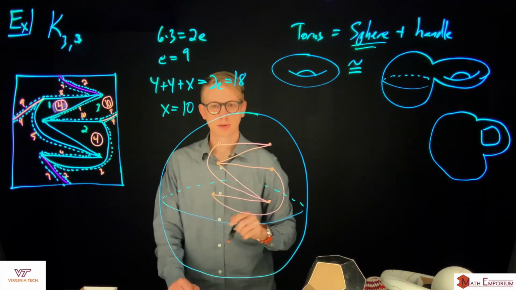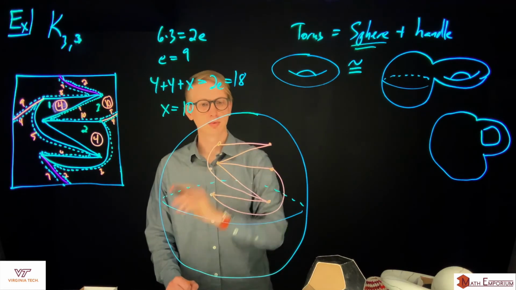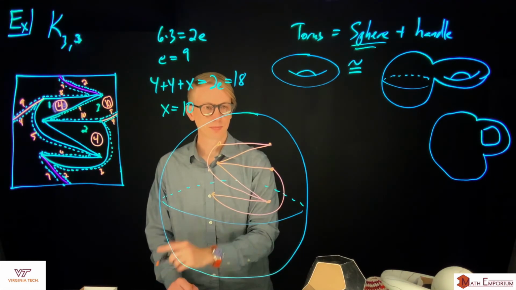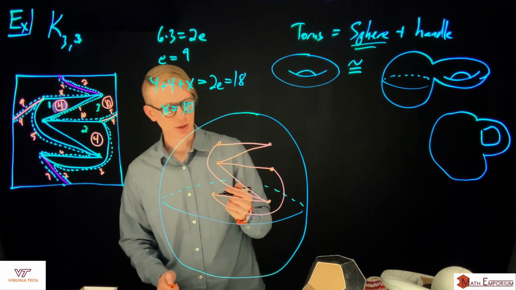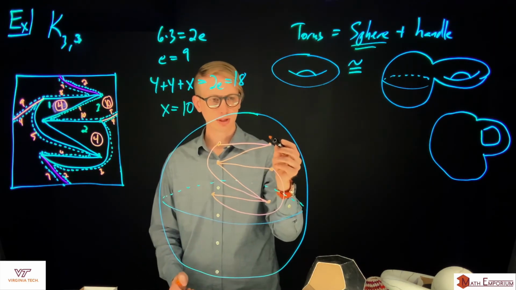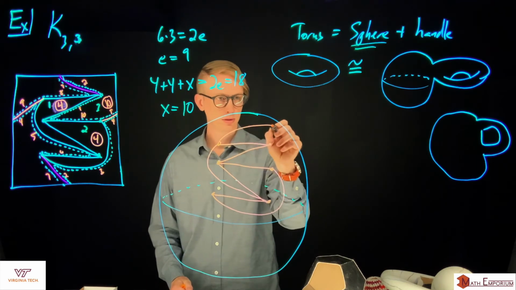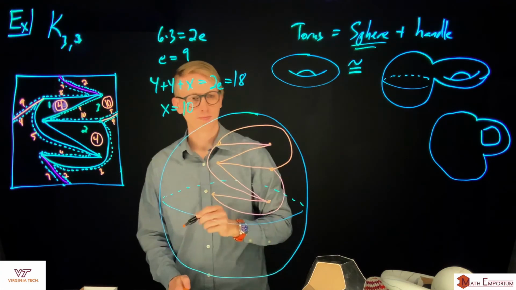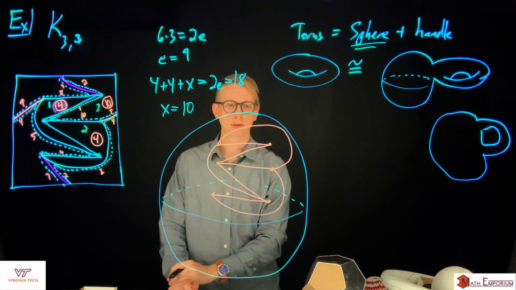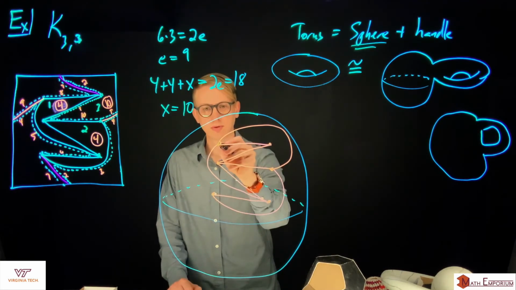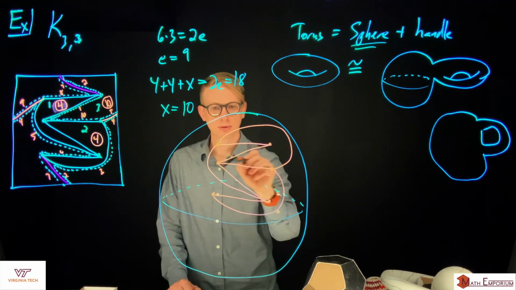I can get, say, this one and this one connected, or I can get this one and this one connected, but I can't do them both. Let me show you. Let me just try to do one of them. So let me connect these two together. By doing that, I've trapped this one and it can no longer be connected to that one. Right, so I've kind of approached my failure point to draw this graph.